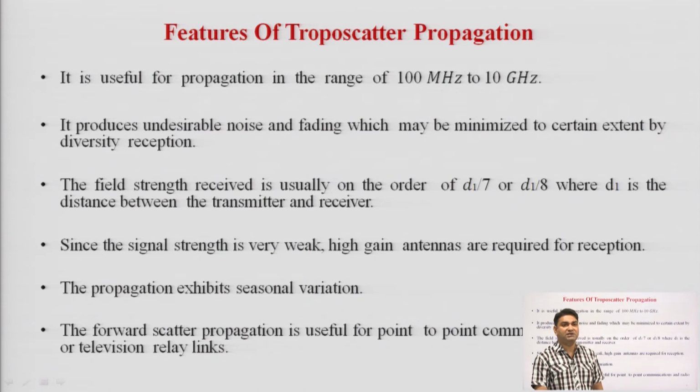It produces undesirable noise and fading, which may be minimized to a certain extent by diversity reception. Diversity reception is a very important concept in antennas and wave propagation. In communication, when we utilize diversity reception, we can design antennas which are used for that purpose, such as rhombic antennas and many other high frequency antennas.